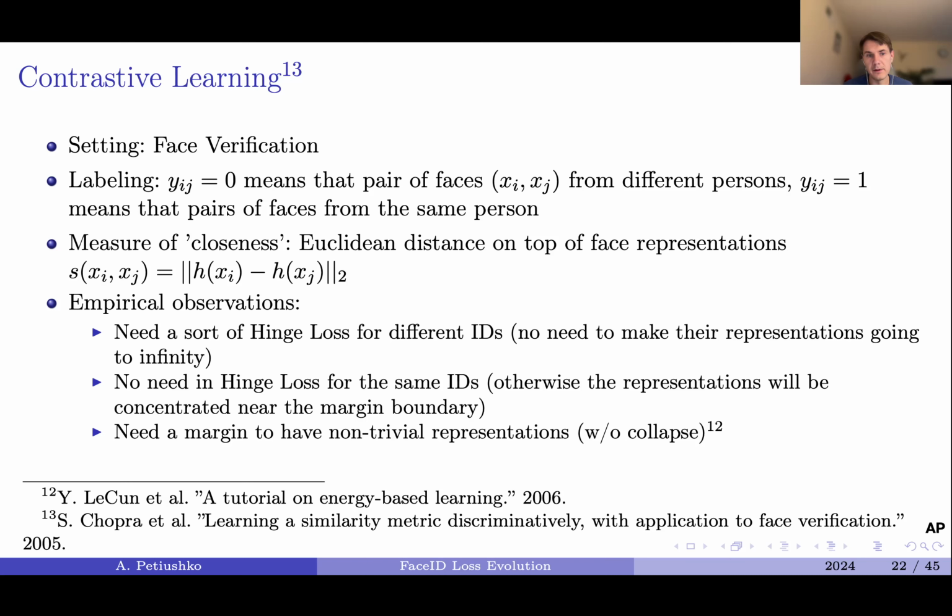And the last observation: we need this margin. We just don't need to push as far as possible, or pull as close as possible. We just need some margin to have some non-trivial representations. Otherwise, there could be a collapse, for example to 0.